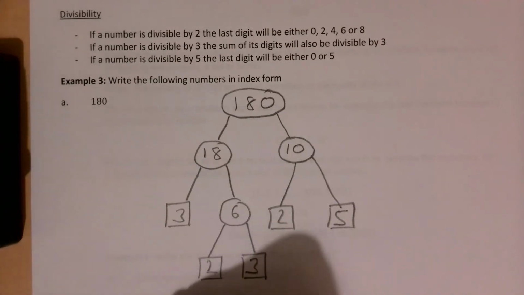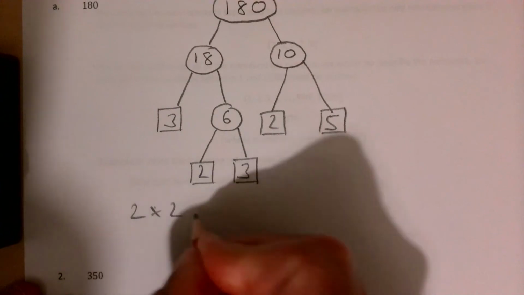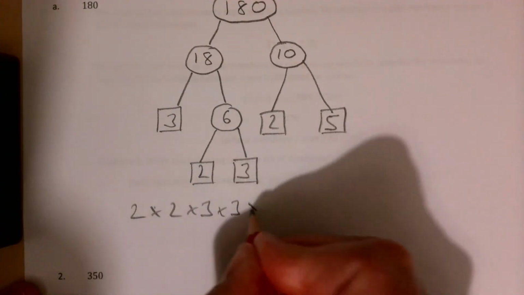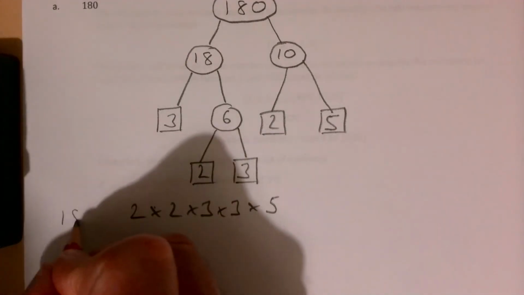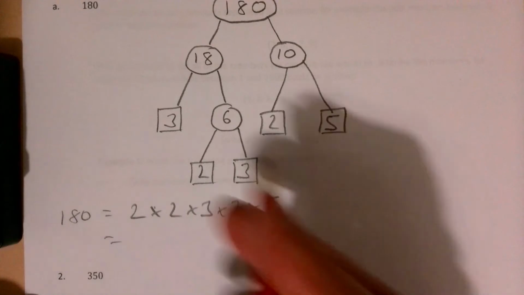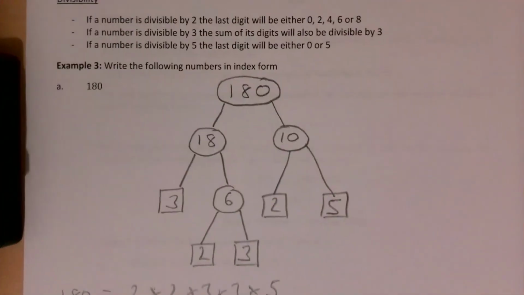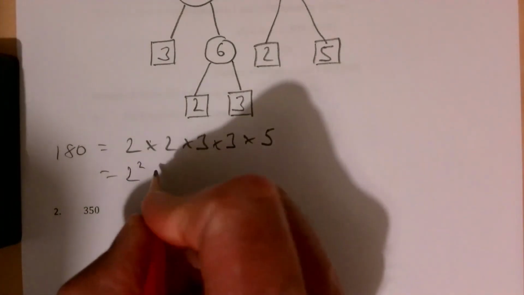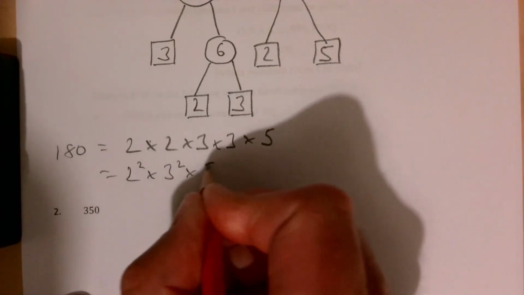We have 2 times 2 times 3 times 3 times 5. That's what 180 was. So that's 2 squared times 3 squared times 5.